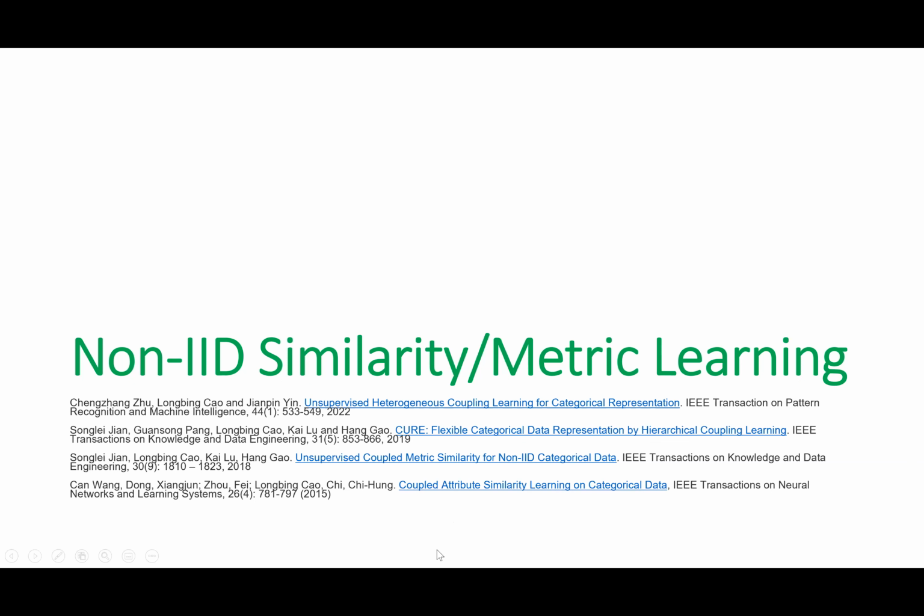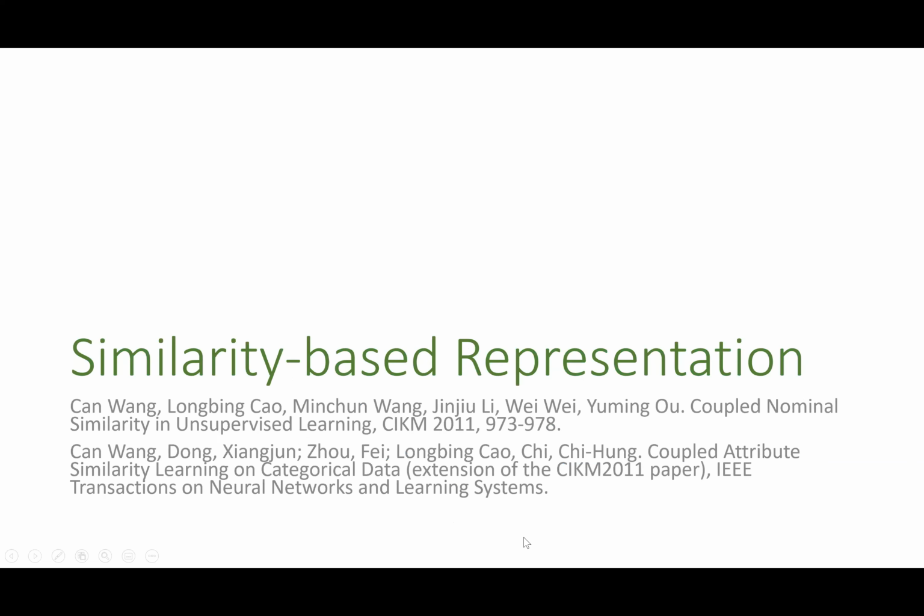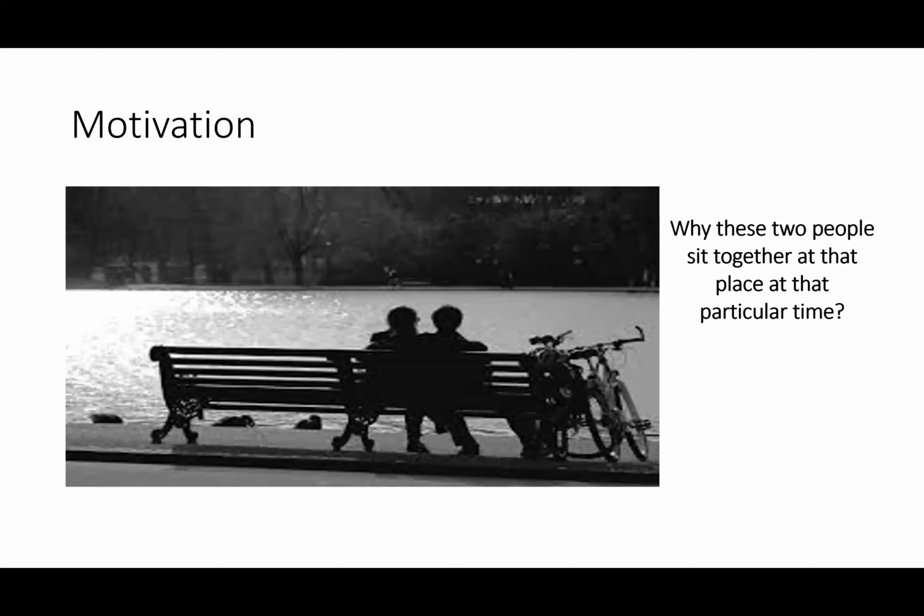I just list a few here. I will illustrate one technique, a very basic one, which nicely explains the idea of hierarchical coupling when we do similarity learning, called similarity-based representation, right?